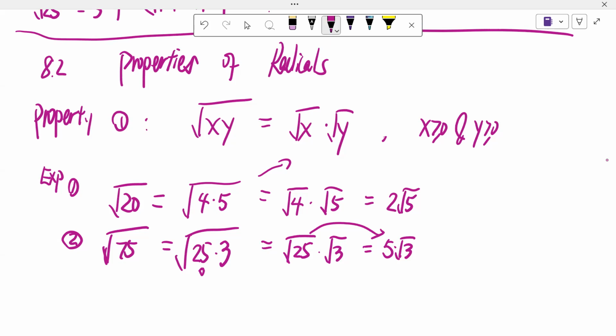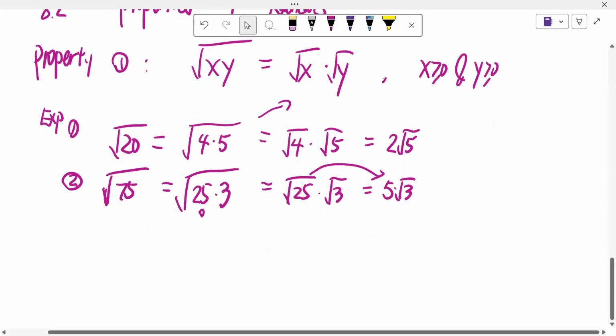That's usually the case. But in this case, 25 is the maximum perfect number that goes into 75. And that's why I break it down as 25 times 3. And the square root of 25 is 5. And that's how we simplify to those terms.